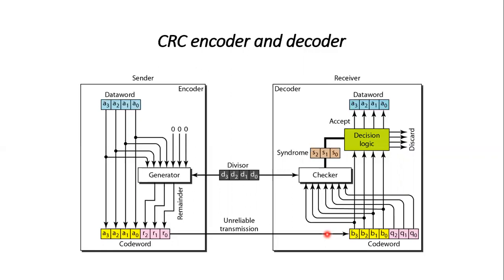Here the generator uses a divisor of the size n minus k plus 1. The generator divides the augmented data word by the divisor, using mod 2 division. The quotient of the division is discarded and the remainder R0, R1, R2 is appended to the data word to create the code word.